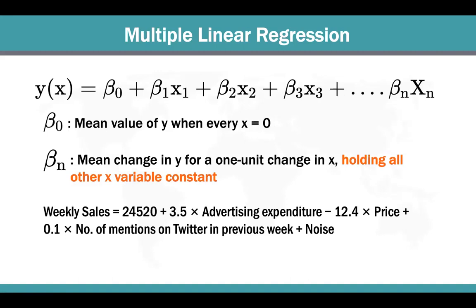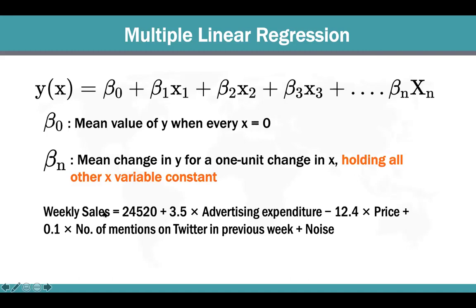and the slope of each explanatory variable represents the mean change in y for one unit change in x. We also need to remember one very important assumption: when we change x, we need to hold all other x variables constant.